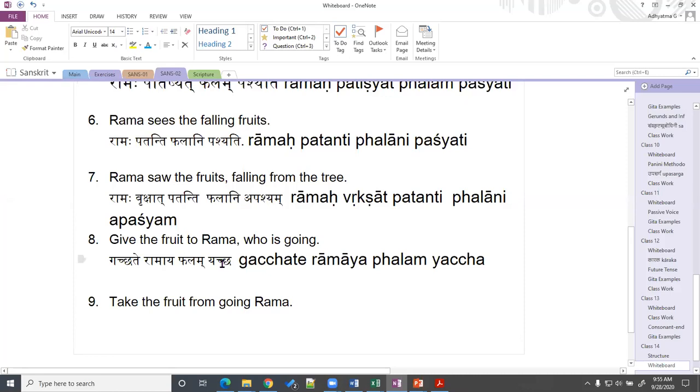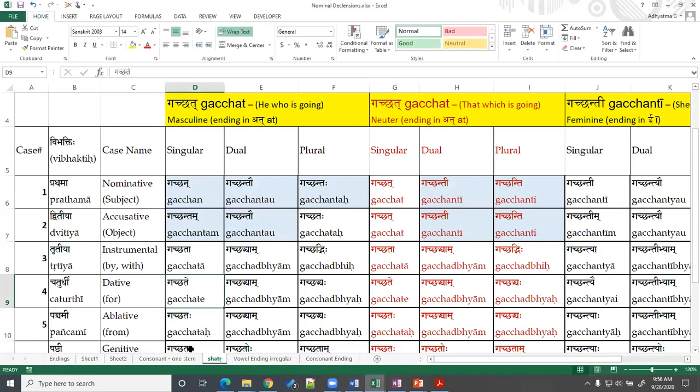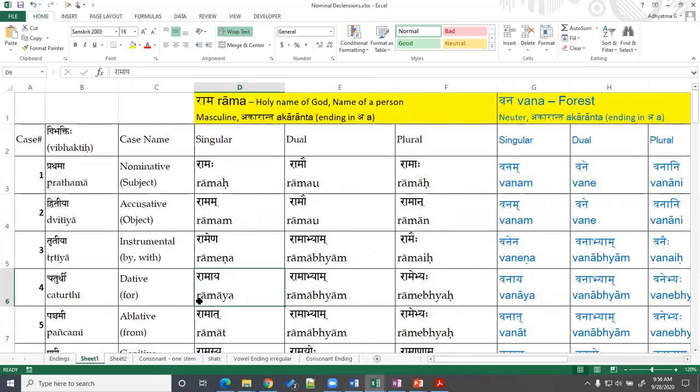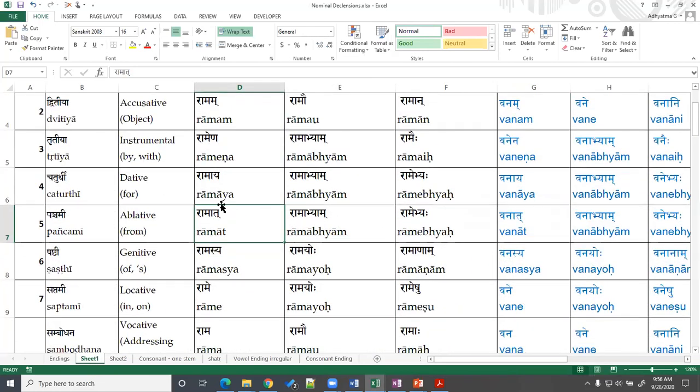So yacha is for giving, and for taking, if you use ayacha, then it becomes taking. So I can use ayacha, you take, and then phalam ayacha, take the fruit from Rama. That is the fifth case. You remember, Ramat, that is the fifth case.